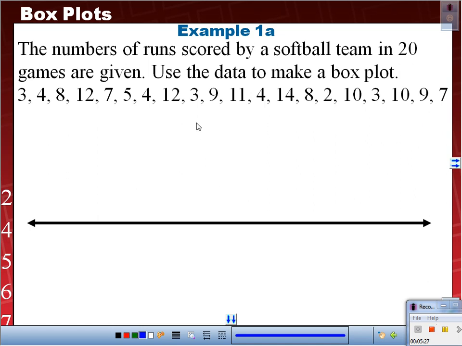From there, I want you to skip about 3 to 4 lines, and on the next line, I want you to draw a number line like so.